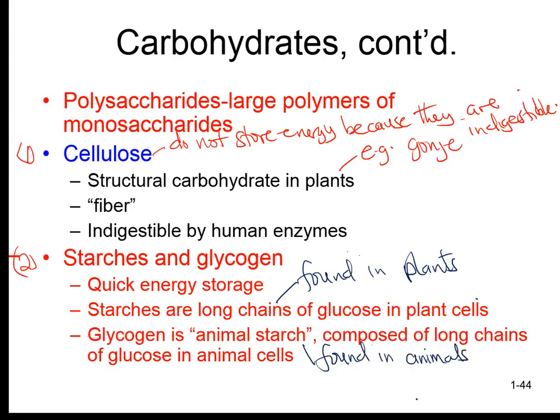So that's one big difference. The big difference is where they are found. Starch deals with energy, but in plants. Glycogen deals with energy, but in animals.